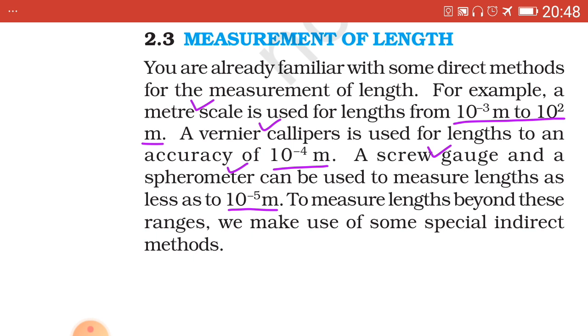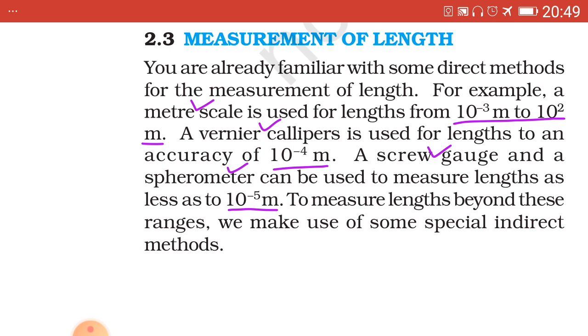Then next, two more examples: the screw gauge and the spirometer. A screw gauge and a spirometer both can be used to measure lengths as small as 10 raised to minus 5 meter. Now how this comes we see. The screw gauge you will also find in the laboratory when you perform the experiment. You can measure the radius of a small sphere which cannot be measured with a vernier caliper or a scale.